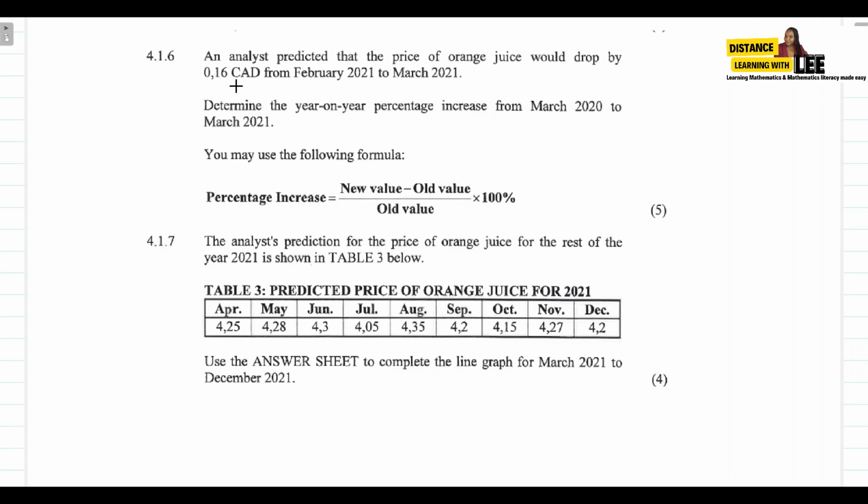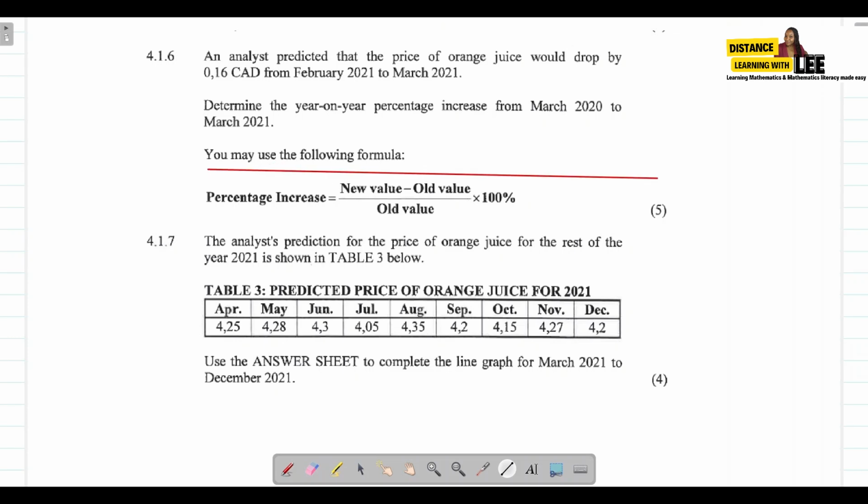You may use the following formula. So with this question, they've made it nice and easy for us because we have been provided with a formula to use. Okay, so we've been given this nice formula that we need to use to basically help us get the year-on-year percentage increase from March 2020 to March 2021.